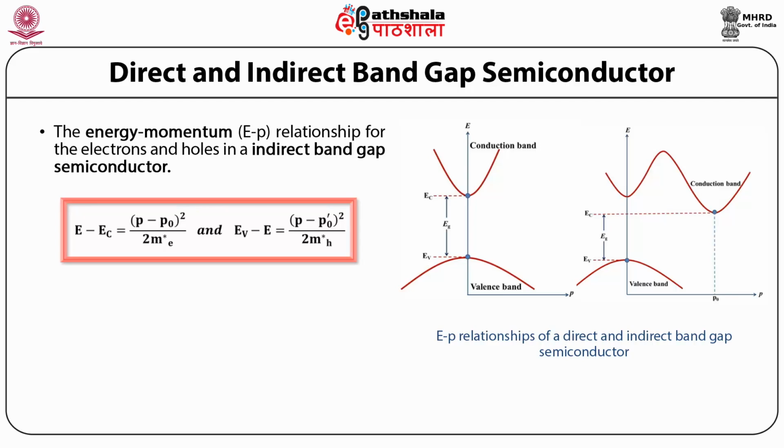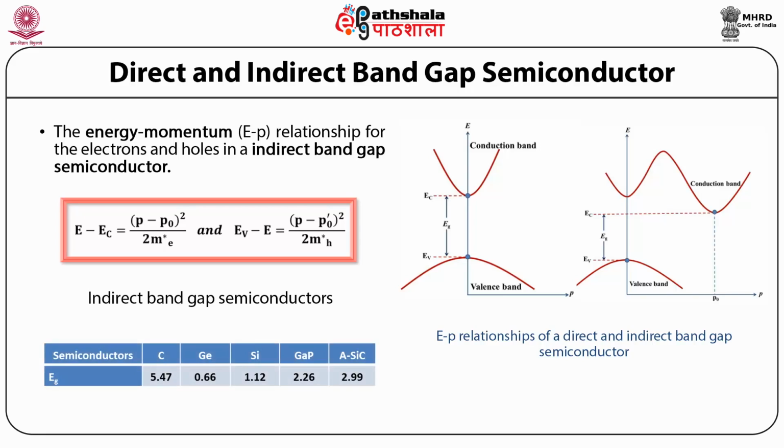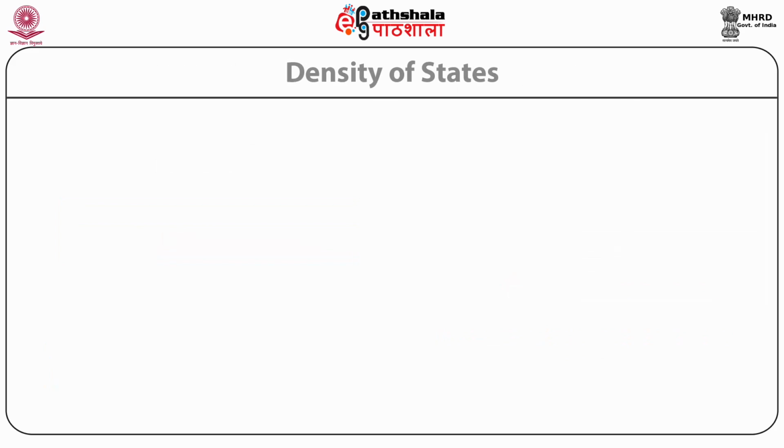Hence, if P naught is equal to P naught prime, the semiconductor has a direct bandgap. However, if they are not equal, then it is known as an indirect bandgap semiconductor. The below table shows the various materials having indirect bandgap.